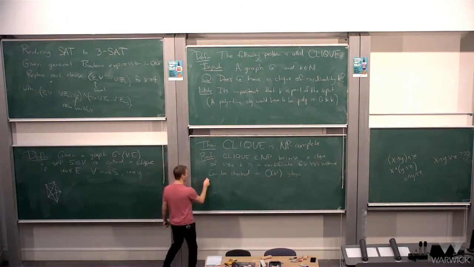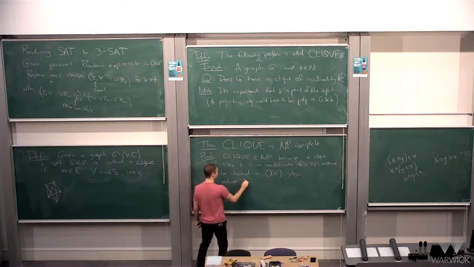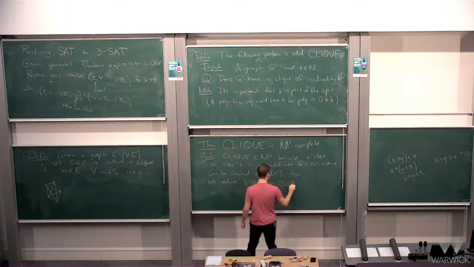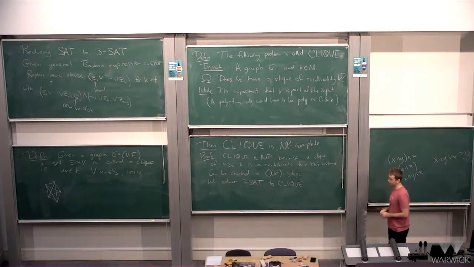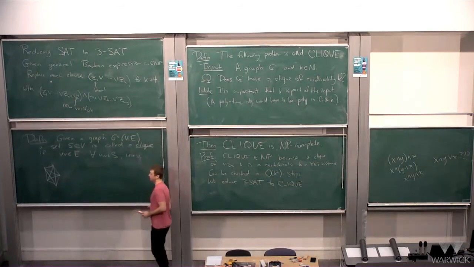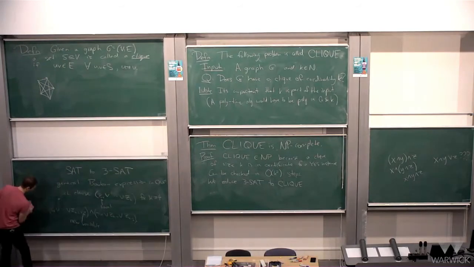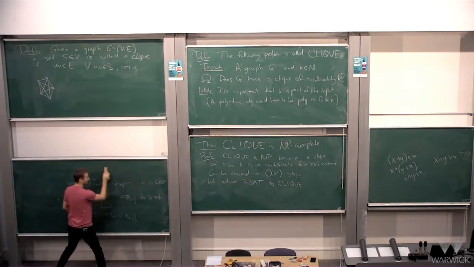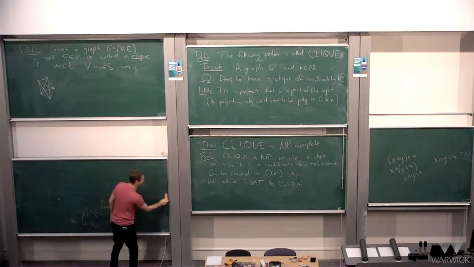For NP-hardness, we're going to reduce 3-SAT to CLIQUE. If we do that, we'll know that it's NP-hard. Remember how reductions work: we need to take an instance of 3-SAT and transform it somehow into the clique problem.